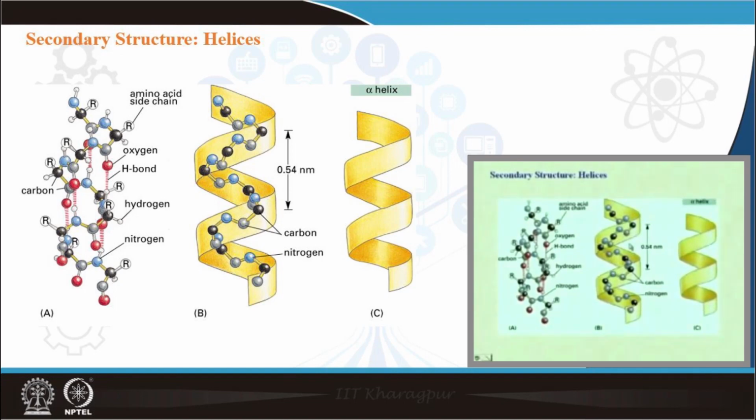It is, for one complete rotation, the height that the helix or the polypeptide chain has traversed. It's just like a screw. You have a pitch of a screw. The helix should also have a pitch because it is also a spring. So it is basically a rotation of the polypeptide chain, and you have what is called the pitch.